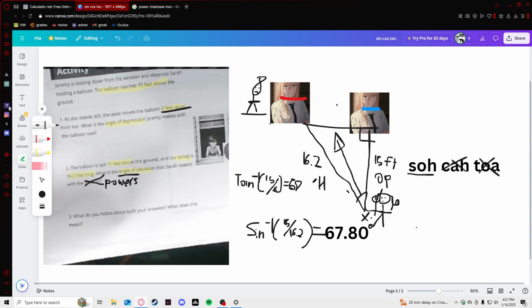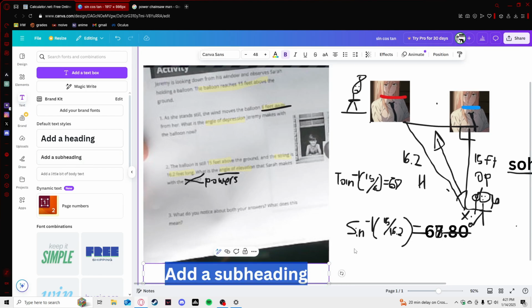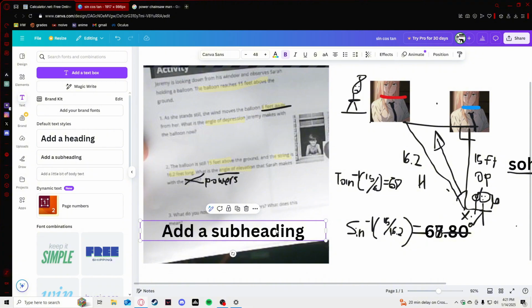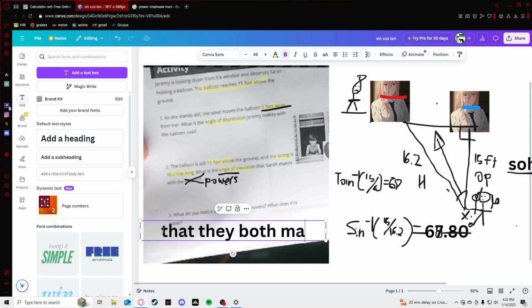Okay, so because it doesn't say what we want, we're just gonna round up, and we're just gonna say this is 68. And then our last question, what do we know about both the answers? Which is simply that they both made, oh, I'm good at math, not numbers, or words.